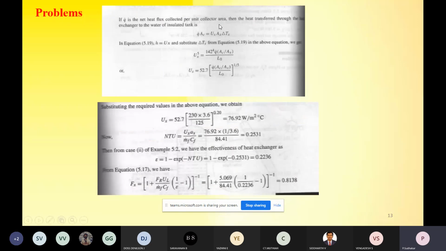Already H is equal to Ux, so Ux will be to the power 1. And when Ux to the power 1 by 4 is moved to this side, it becomes 4 in the upper side. So Ux to the power 4 into Ux, the superscript is 4 plus 1, that is 5.